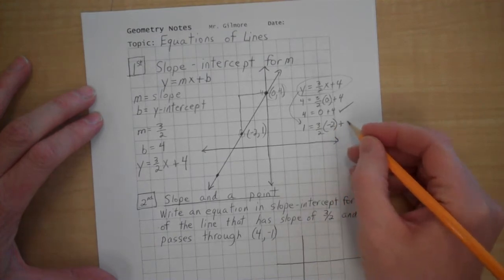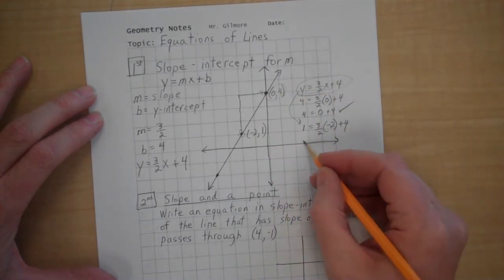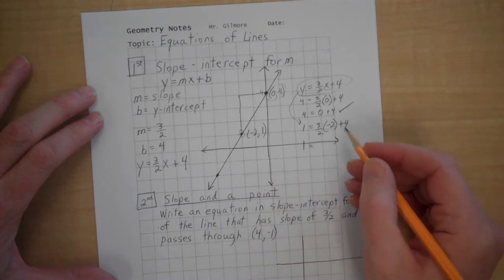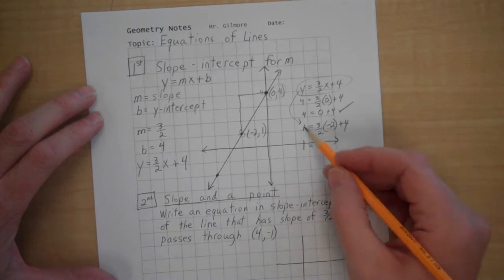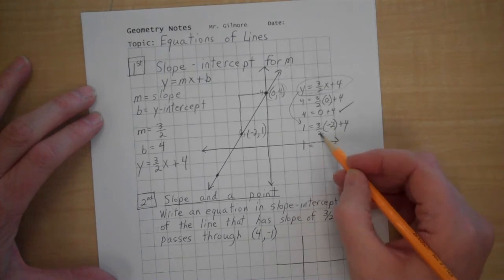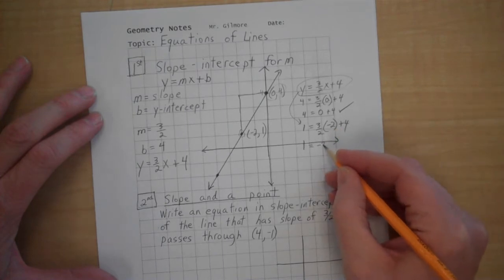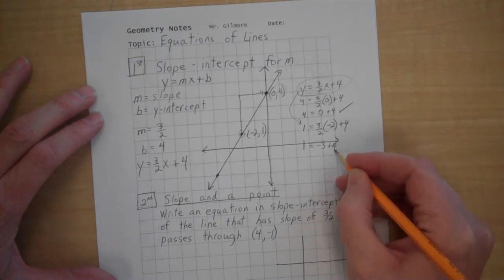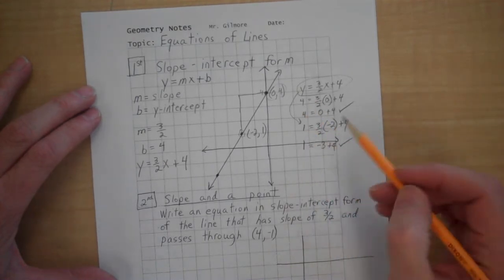And then my y-intercept, that isn't moving anywhere, is 4. Now, my question is, does 1 equal 3 over 2 times -2? Or 3 times -2 is -6. -6 divided by 2 is -3. -3 plus 4, I do think is 1, and I think it's checking out there too.